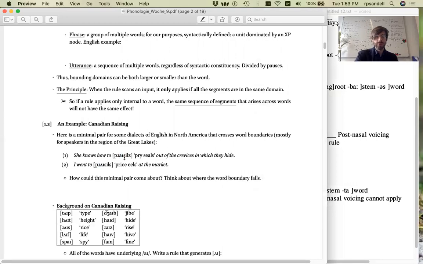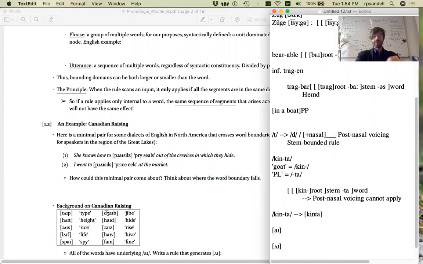And we can see in both of these cases, without reference to word boundaries, there is an S immediately following. So in one case, we have pry seals, but in the other case, price eels. And if we think about where the word boundary falls, maybe in that way we can explain the difference. So looking at the segments alone, the local environments are identical.